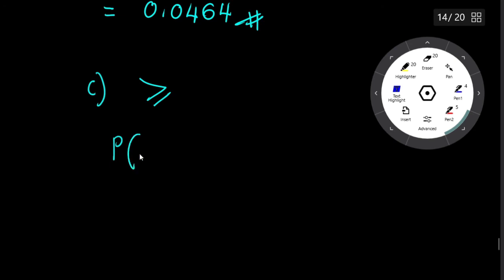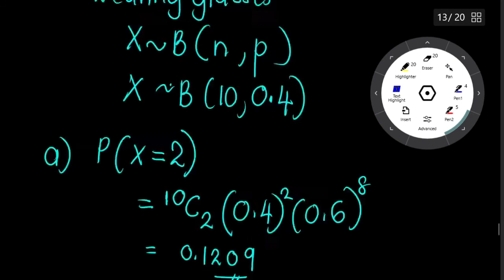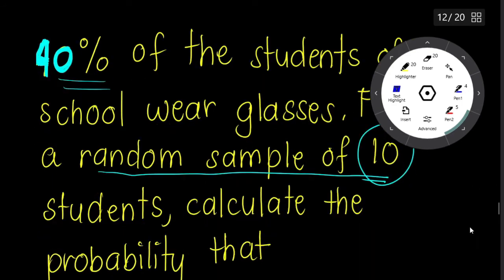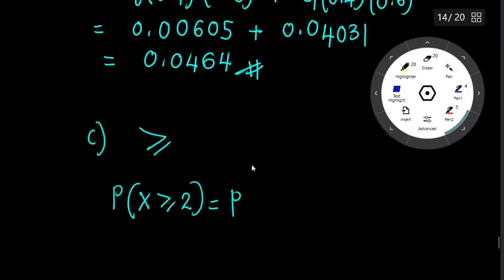So if my probability x is bigger than and equals to 2, that means two of the, this is 10 students, right? That means two of the students are wearing glasses or not? Yes, isn't it? That means x equals to 2.